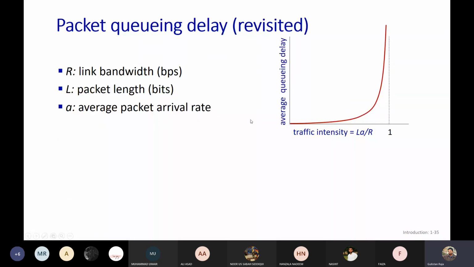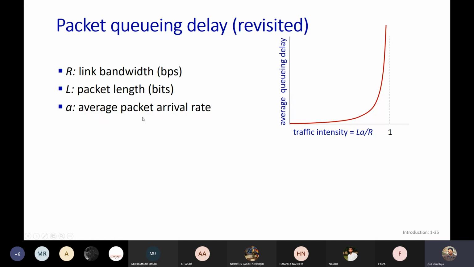So now let's revisit queuing delay again. Have a look at it. If you recall, we have studied transmission delay as L by R. Now here we are adding one additional parameter, which is A. A is the average packet arrival rate.